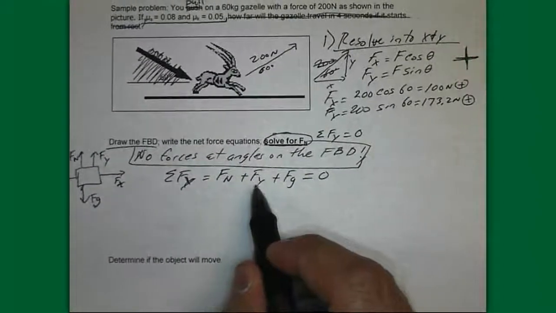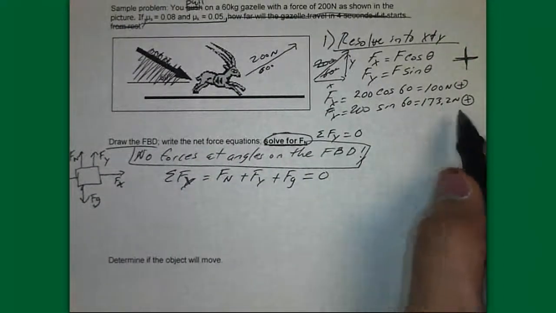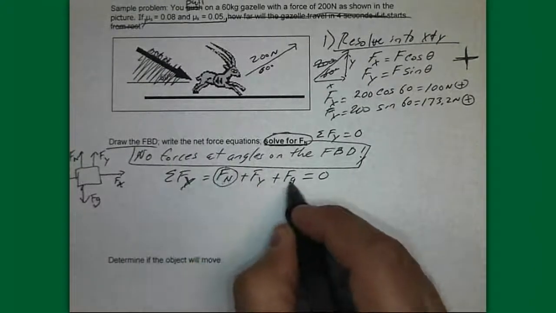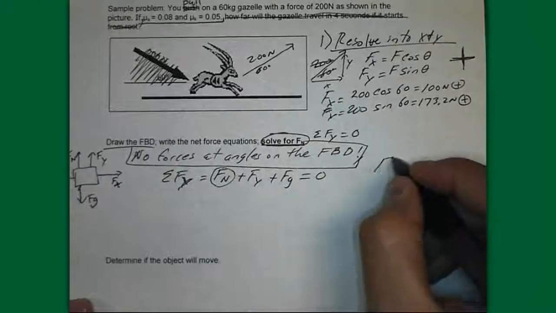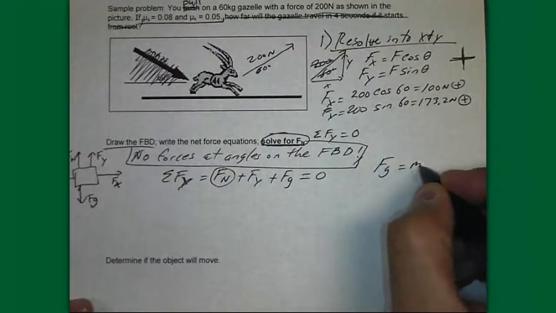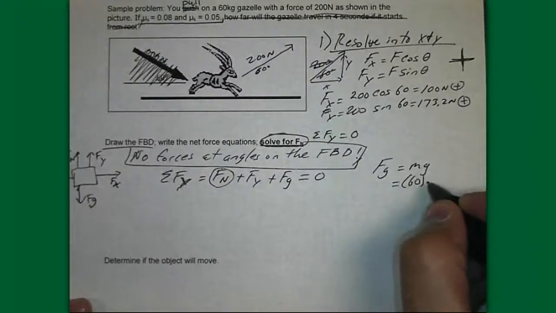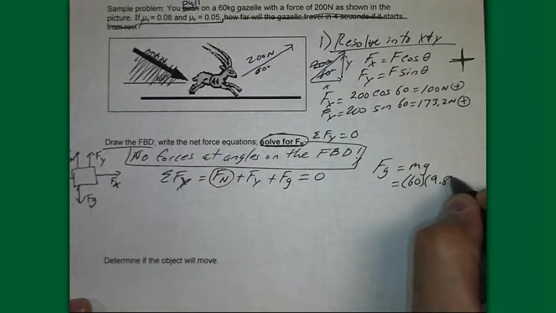I know the y force. I just found it. Normal force is what I'm trying to find, but I don't know the force of gravity yet. So I can find that very quickly by doing mass times gravity. The mass of this gazelle is 60 kilograms and gravity is 9.8.